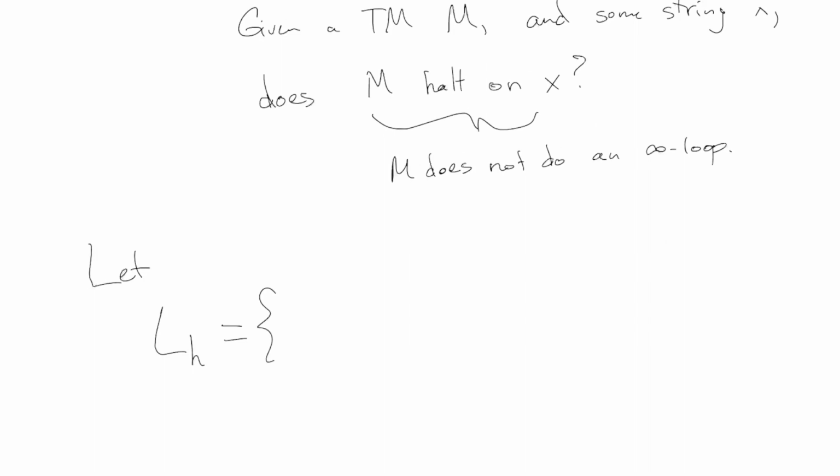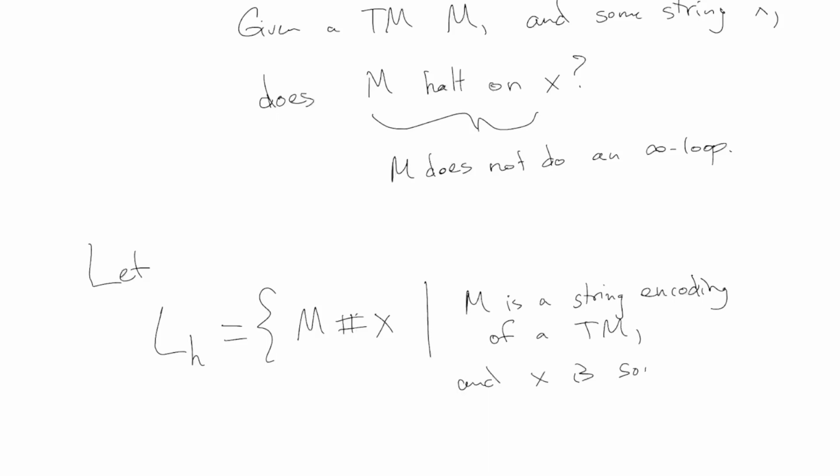And this is going to look a little weird, but it is the set of all strings that look like this: M hashtag X. And what this means is M is a string encoding of a Turing machine, and X is some string for which M halts on X. This is very weird.